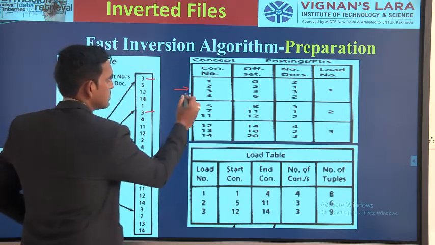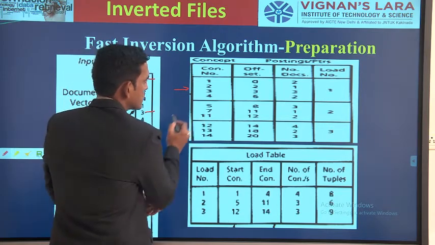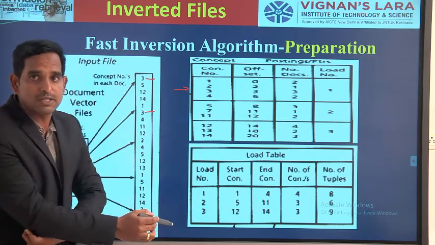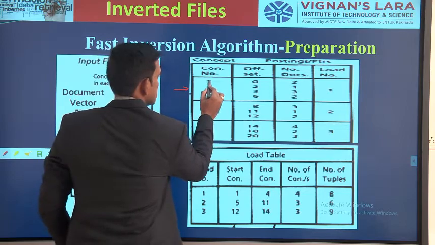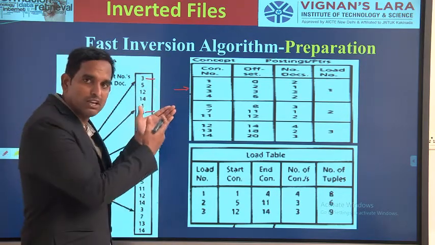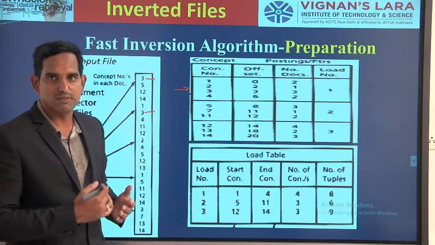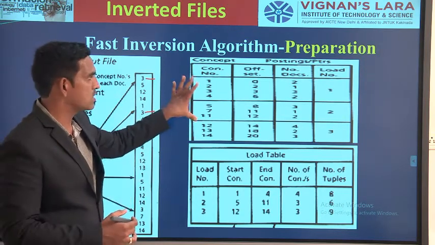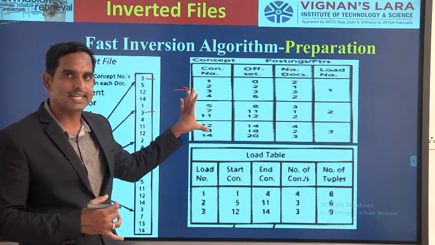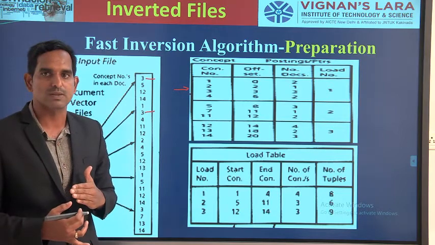Take the first concept, that is concept 1. Remember, this concept postings file will be used in the last phase, the inversion phase. You are creating this concept posting file so that you will use it in the inversion phase.